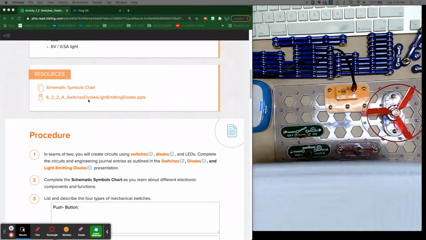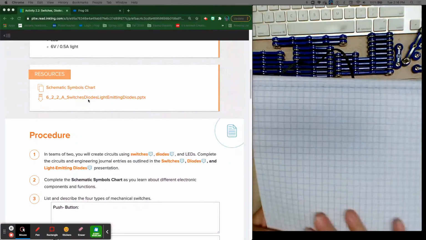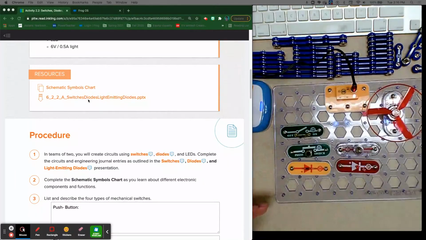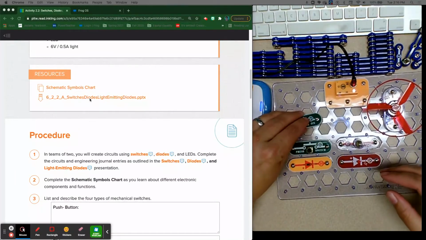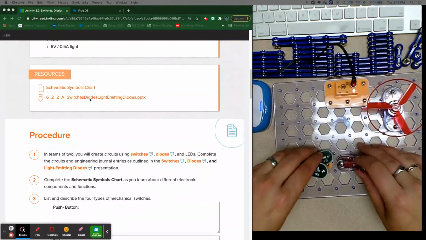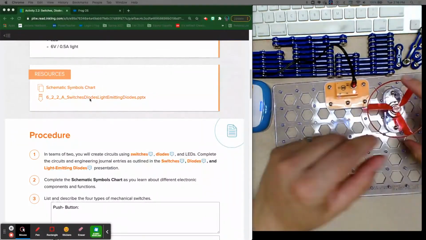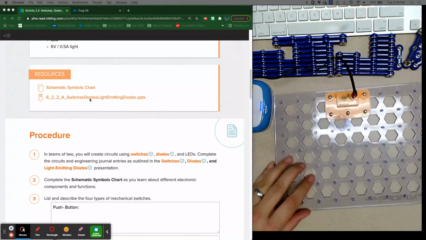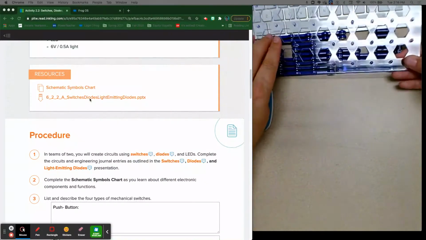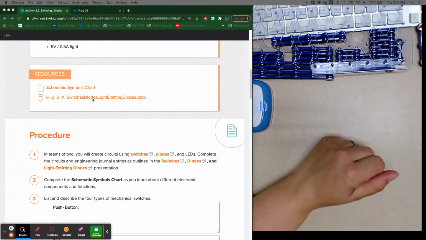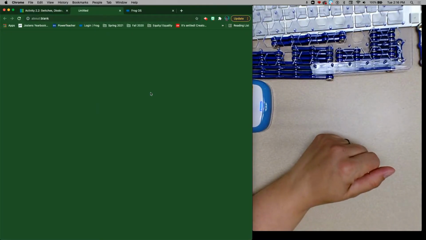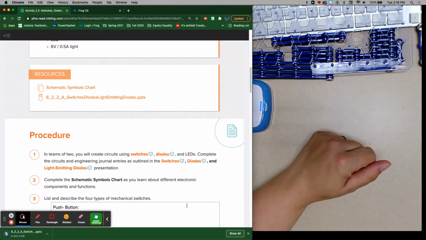I'm also going to have my engineering notebook. As I've said before, it can be on any type of paper you would like. So right now, let's go to our PowerPoint.